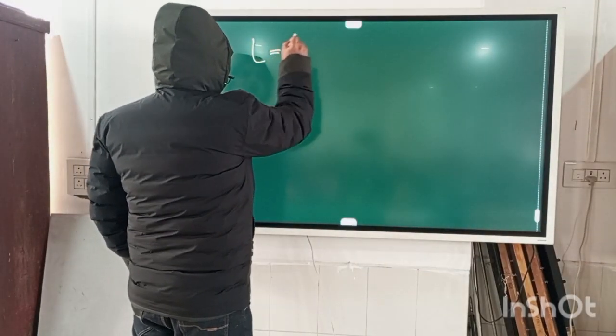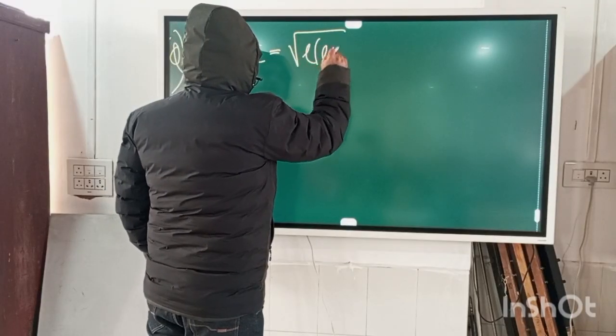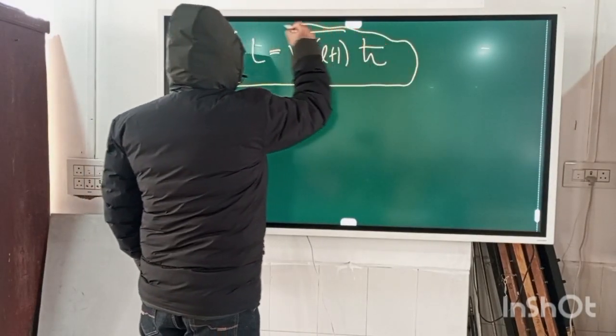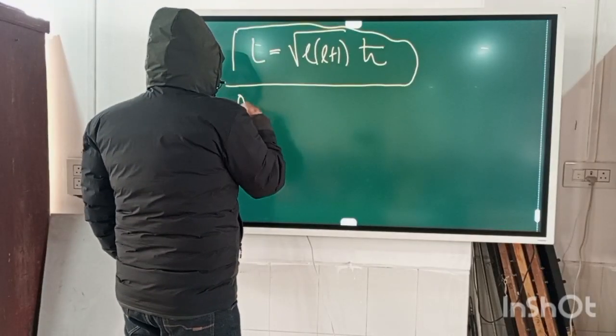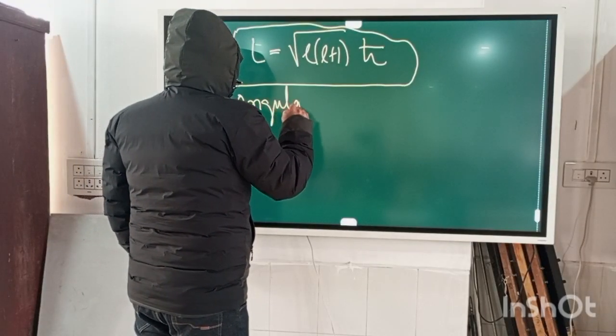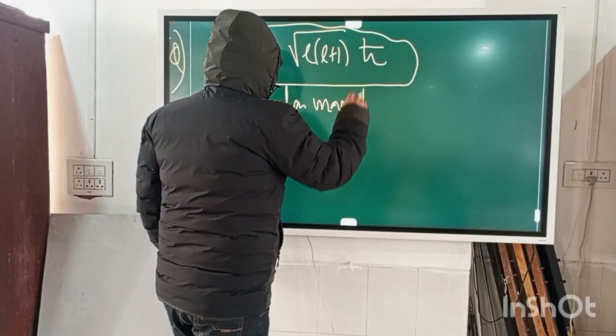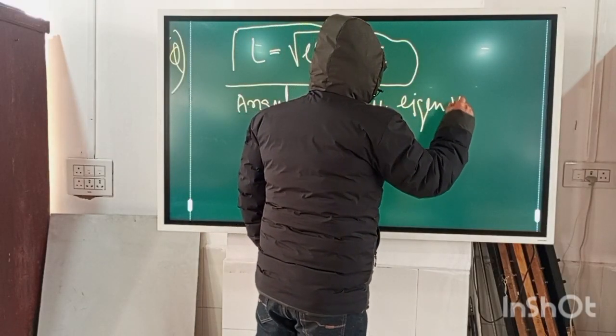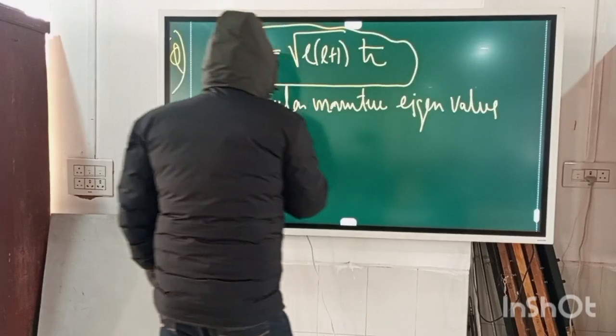L will be under root of L into L plus 1 times h bar. So this is the angular momentum eigenvalue equation.